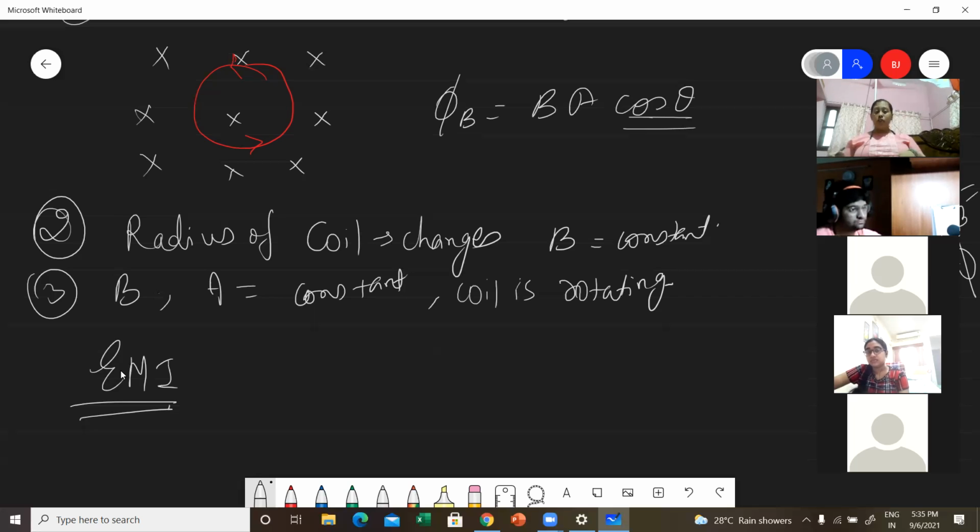So if the potential changes, the current also changes. Here, my induced current is all because of changing magnetic field lines, changing area, or rotation of my coil with respect to the area and the magnetic field. These are the three factors which help in changing my induced current. There is no other factor.